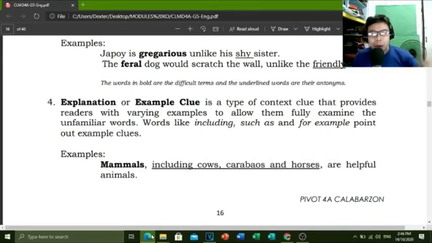So through the examples given in the sentence, you will have an idea what we mean by the word mammals. Okay, so what are these examples again? So when you say mammals, it includes cows, carabaos, and horses. So through these examples, the readers are given an idea of what that unfamiliar word means. Nakuha nyo? Okay.